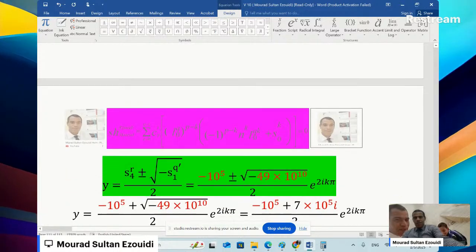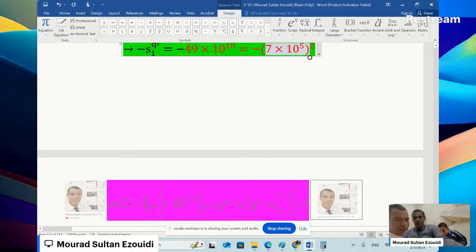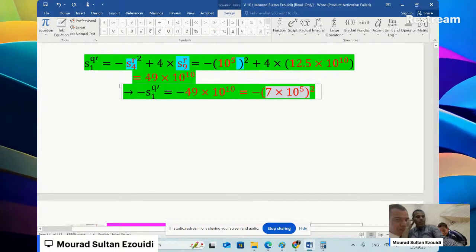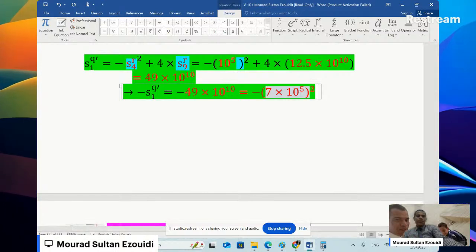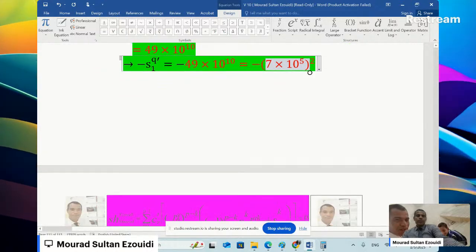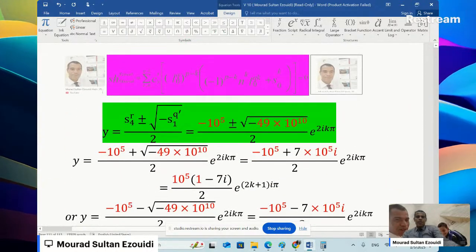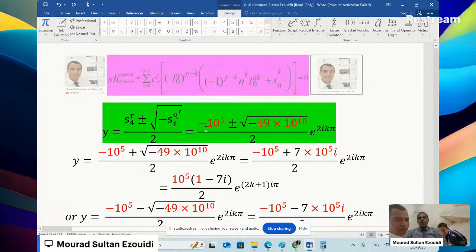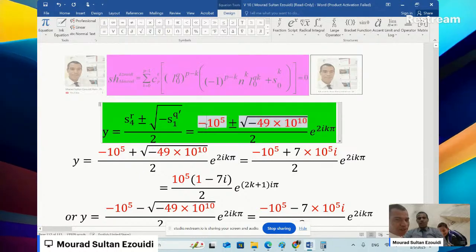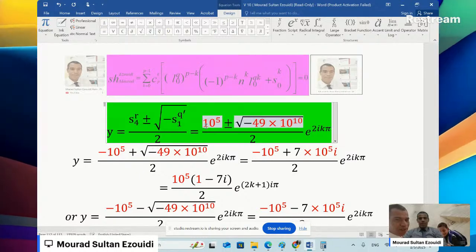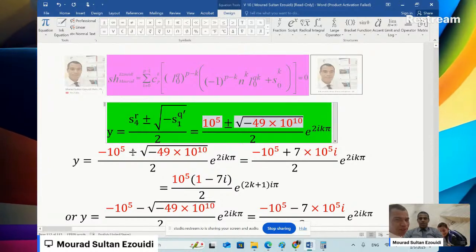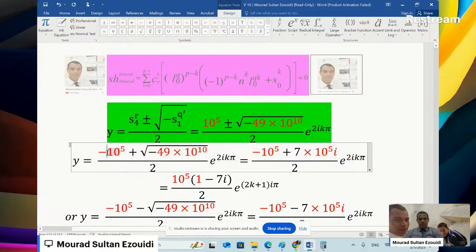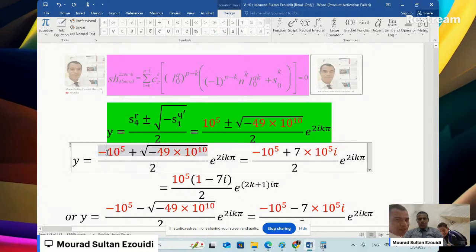Now, my kids, let's see the first. Okay, so here we have S4 is 10. Minus, this is all of this. I'm going to change the sign of this. Sorry.